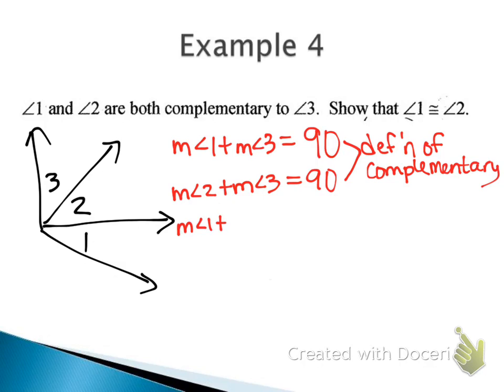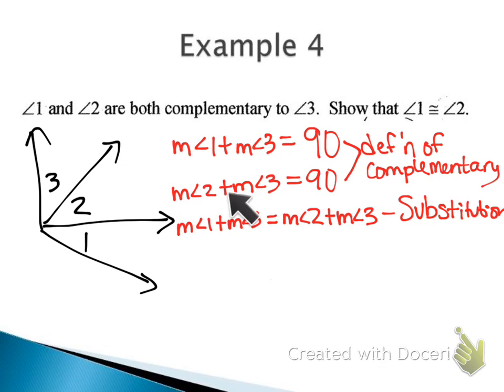The measure of angle 1 plus the measure of angle 3 is equal to, instead of putting 90, I'm going to put this expression that equals 90, the measure of angle 2 plus the measure of angle 3. Now that's not usually how we see substitution, but it is using substitution. So we substituted in an expression instead of using 90.